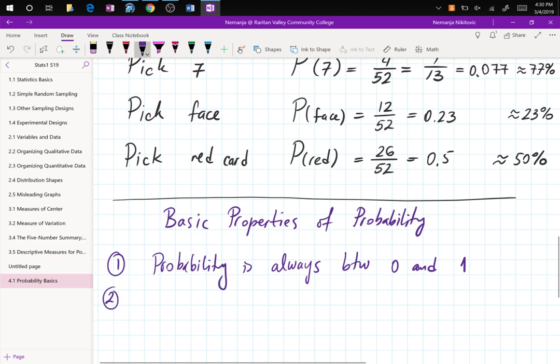So those are actually our other two. So probability equal to 0 means event cannot occur.